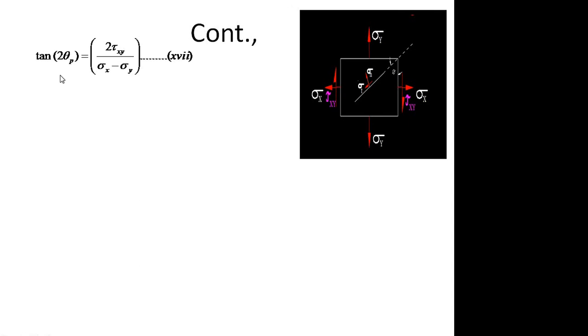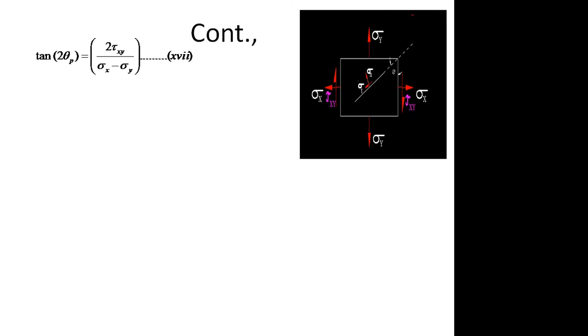The formula for locating the principal plane is tan 2 theta p is equal to 2 tau xy by sigma x minus sigma y. So theta p is the angle of the principal plane, that is, the oblique angle of the plane at which sigma t is equal to 0 or sigma n is maximum or minimum, right?